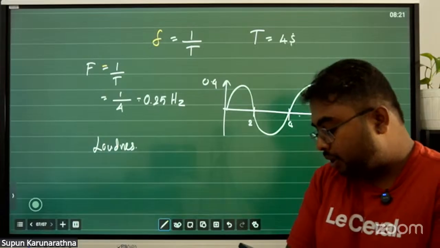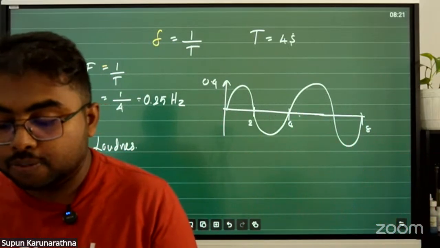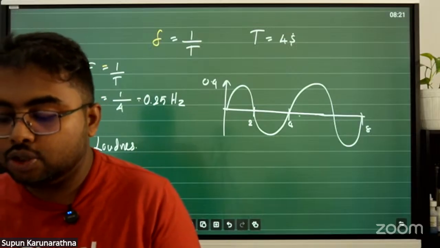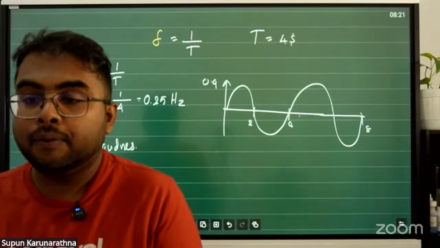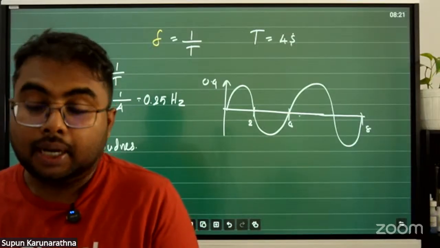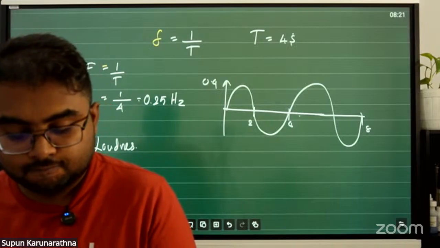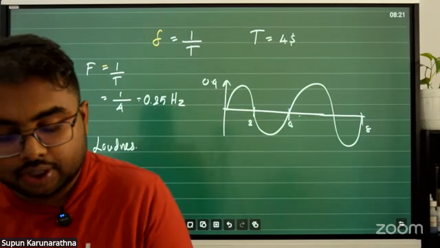Question number 4. Sound can be produced by a vibrating string. Write two musical instruments that produce sound by strings. We know guitar, violin, sitar, mandolin, any of these. Write the factor that affects the frequency of a string instrument.